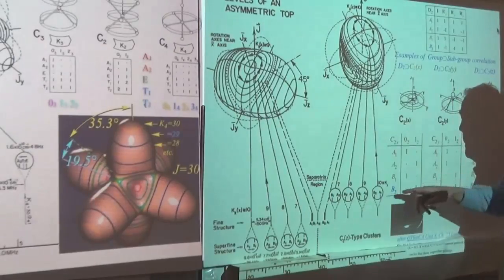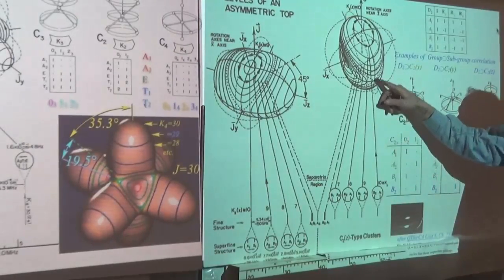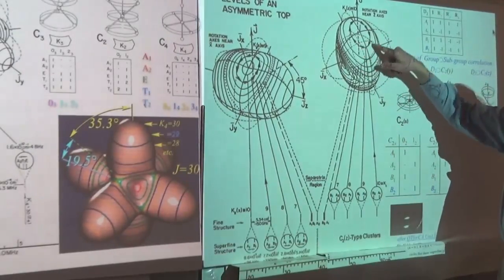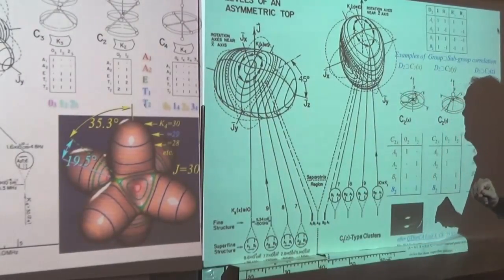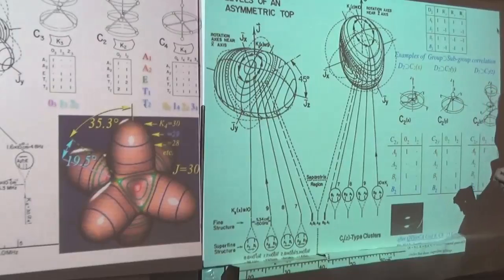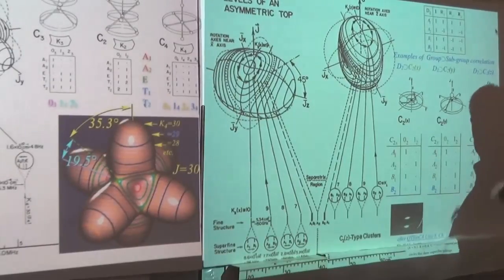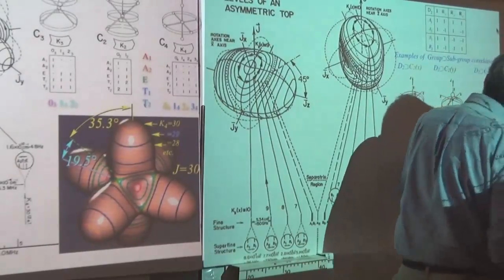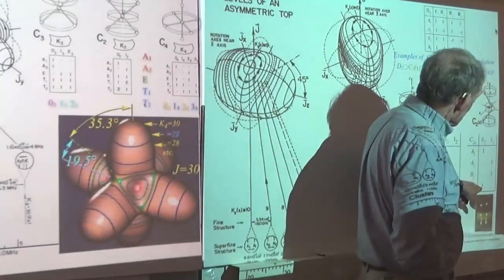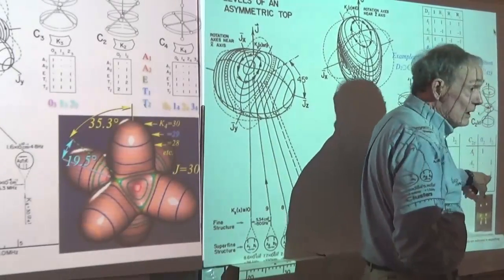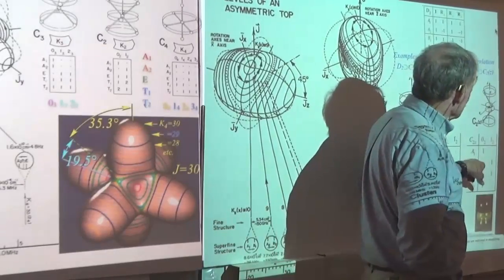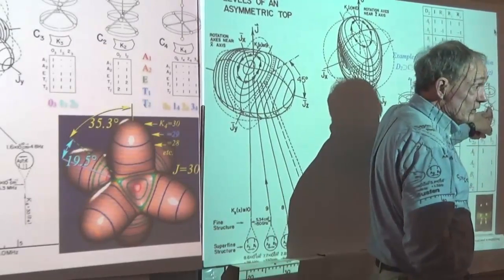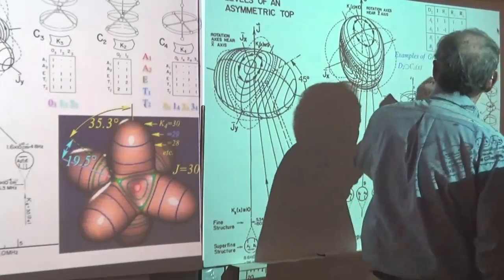Okay, and we're talking about rotating here around the high side, the mountain of the asymmetric top. Okay, we're talking about this guy over here. Okay, A1, B2, A2, B1. See that? That's the correlation that's going on for that kind of rotation around the long axis.